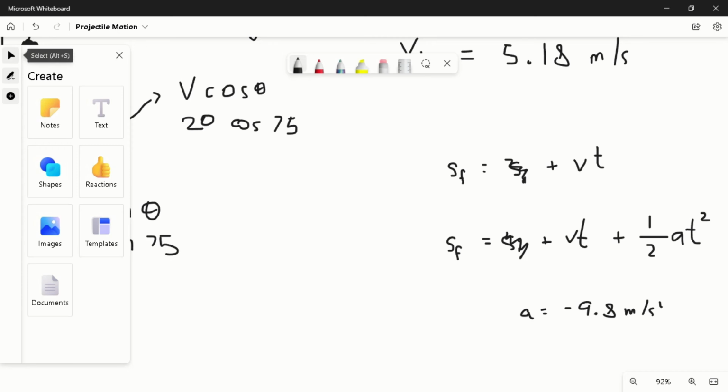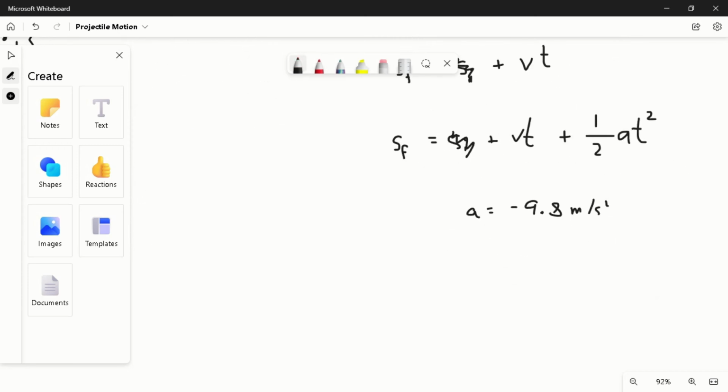And so after adding a, if you substitute a in, we'll keep v unsubstituted, even though we know what it is. It will look like this. v times t minus, not plus, minus a half times 9.8 times t squared.